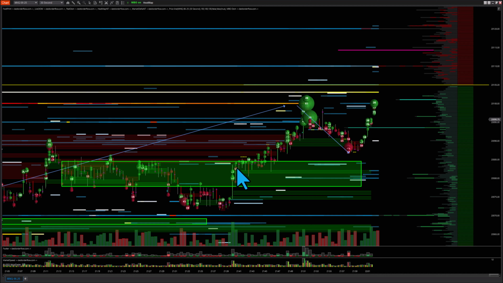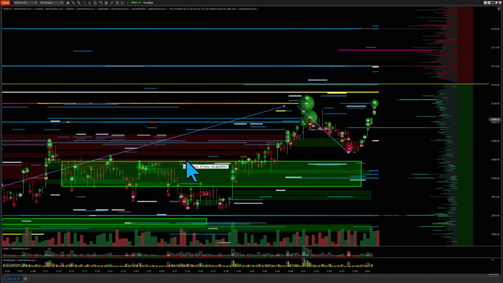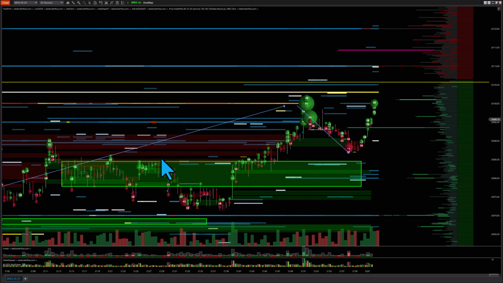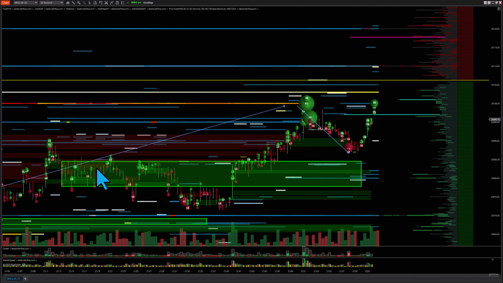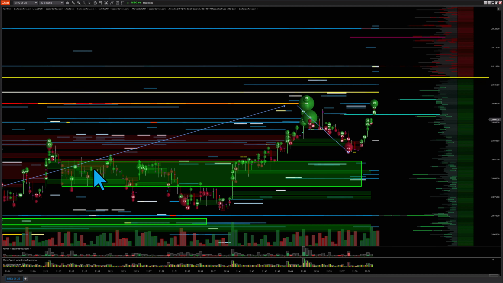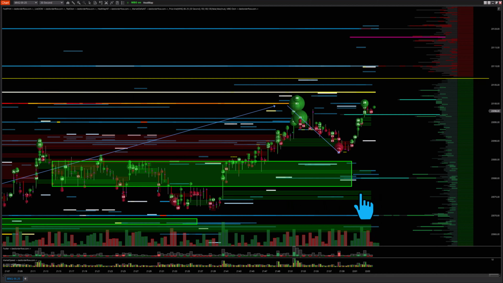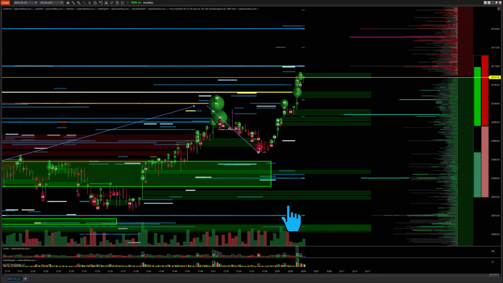This way, the price collected everybody sitting on top of this side, and first on top of that side. Then, boom, we collected those sitting on this side, and we just moved it up. So why is that? This is very classic, typical price behavior. Okay, so you need to know this and use it in your own trading.